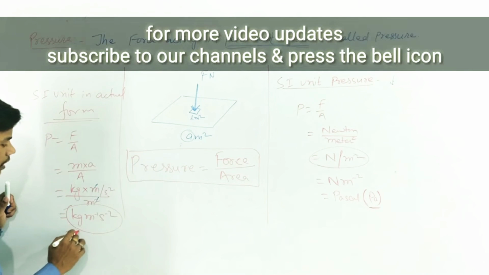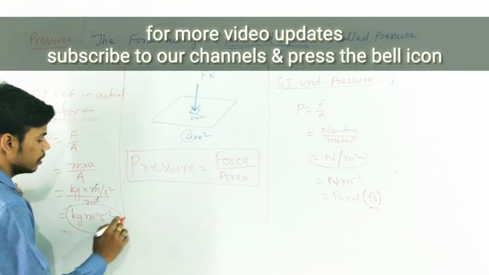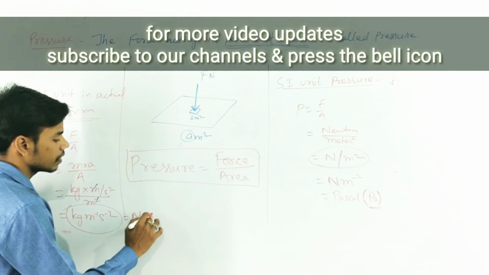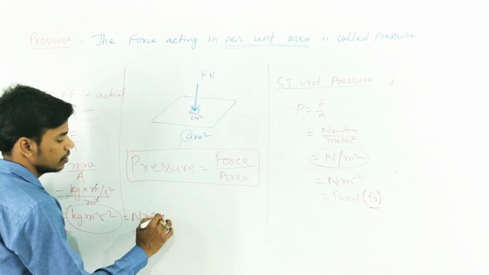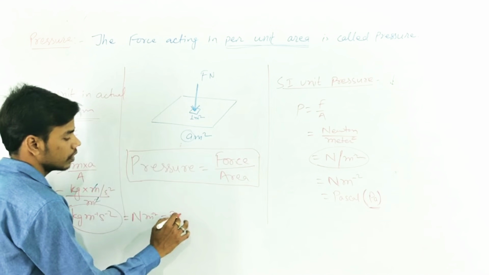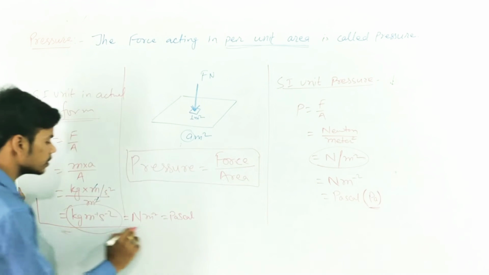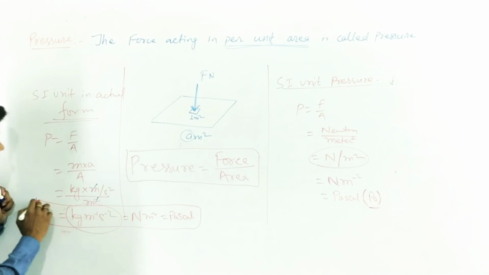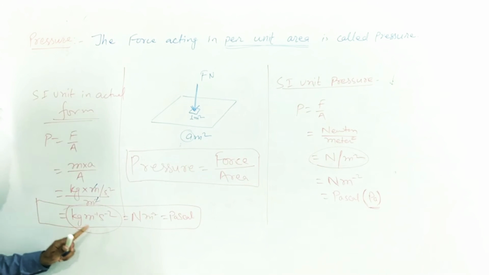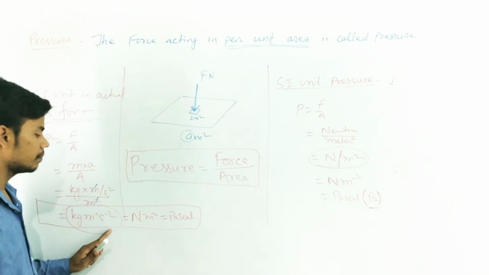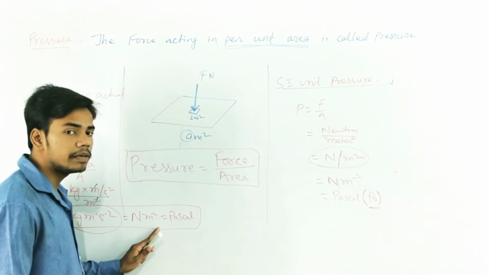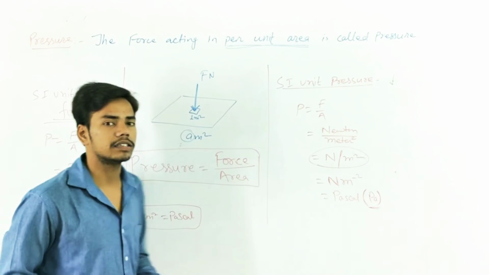You can also say it is Newton per meter square, and you can also say it is Pascal. Okay guys, so the SI unit can be written as kg per meter per second square, or Newton per meter square, or Pascal.